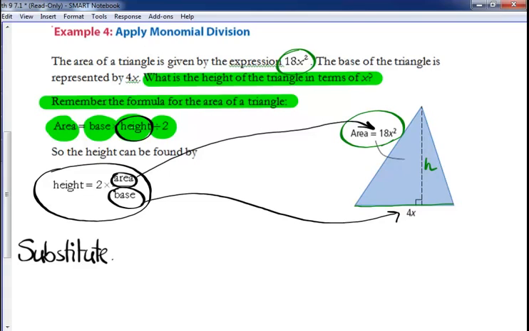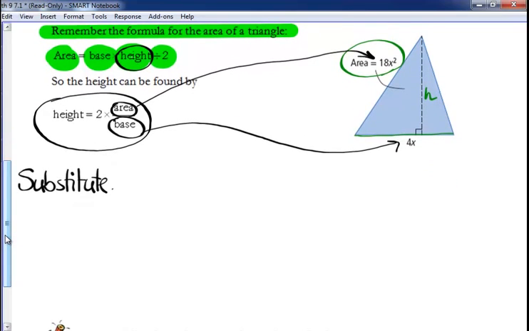And of course it's all multiplied by 2. So let's write that out, shall we? I'm going to use h for height instead of writing it out. I've got 2 times the area, which is 18x squared, all divided by my base, which is 4x.